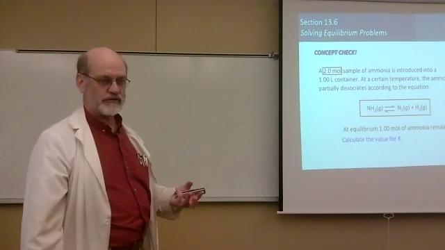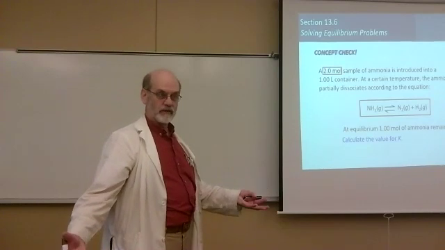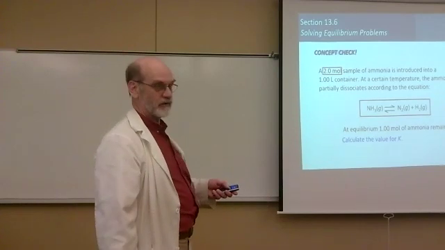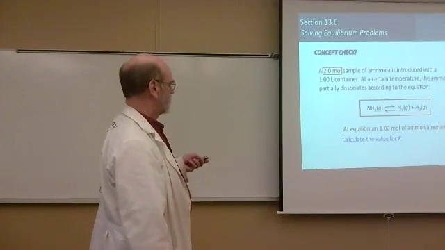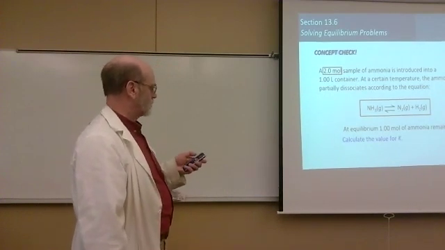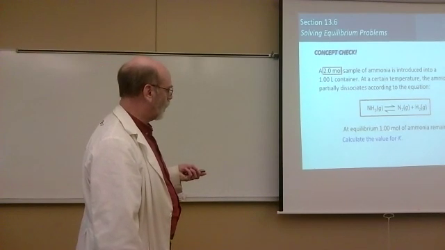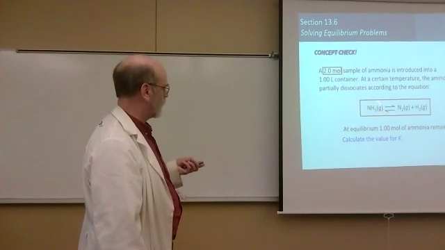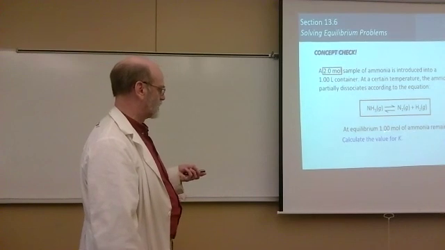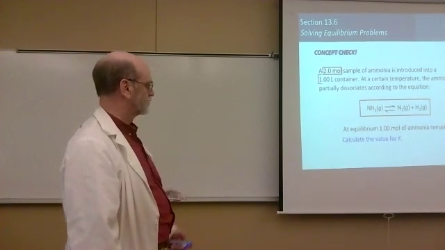So what's its initial concentration? 2 molar, right? 2 moles per liter. And let the ammonia dissociate. At equilibrium, we find that 1 mole of ammonia remains. So half of it's gone, 1 remains. Calculate the value of K.